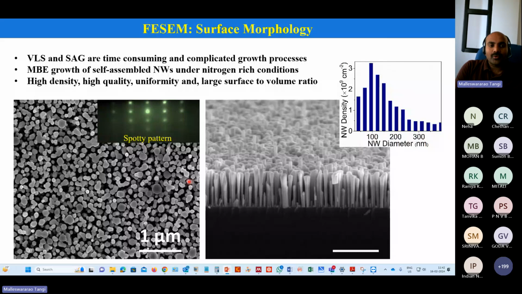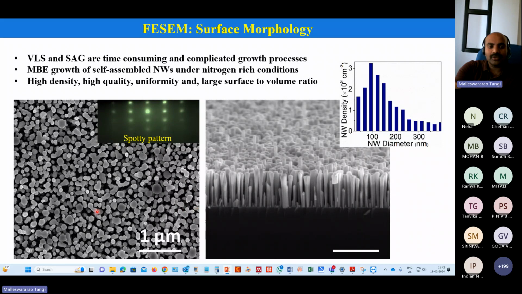But using our process in MBE, using nitrogen rich conditions, without all these time consuming processes, we can directly grow very high quality nanowires, having high density and uniformity.